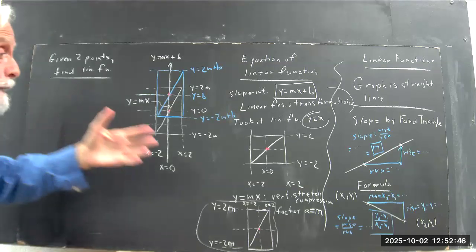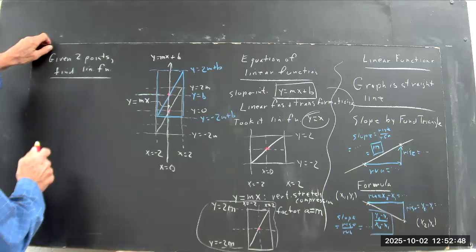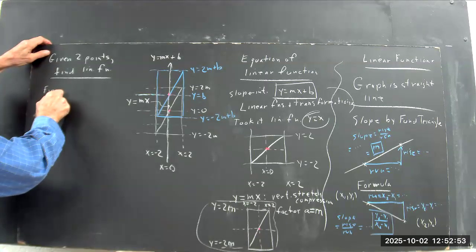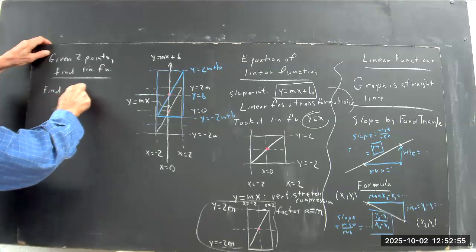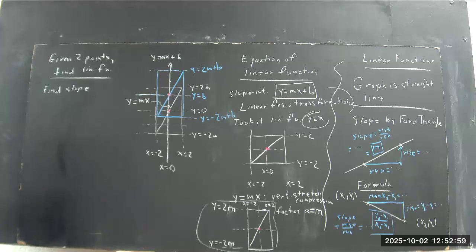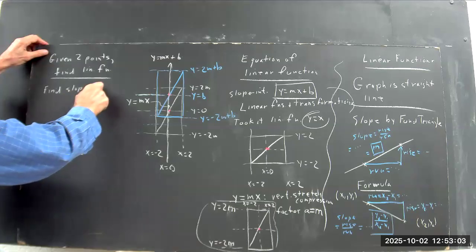How do you find the linear function? And the slope, m.